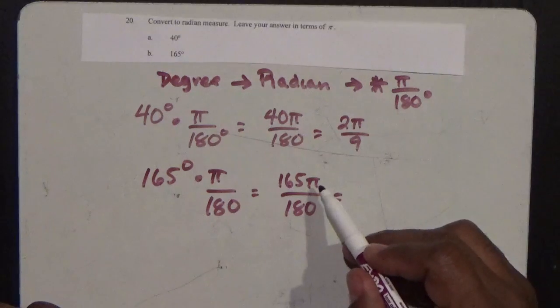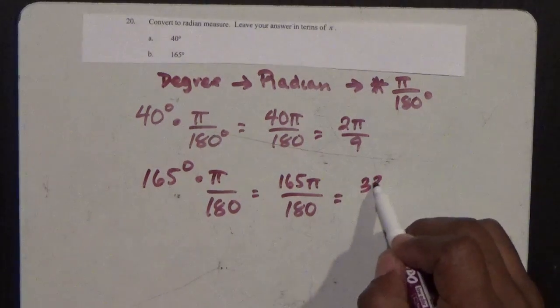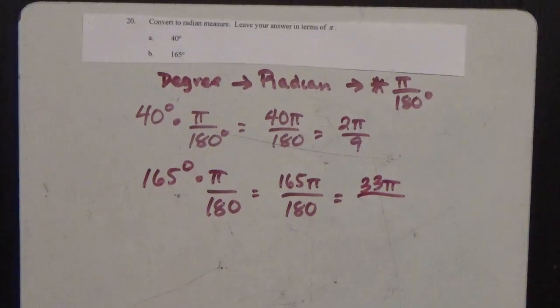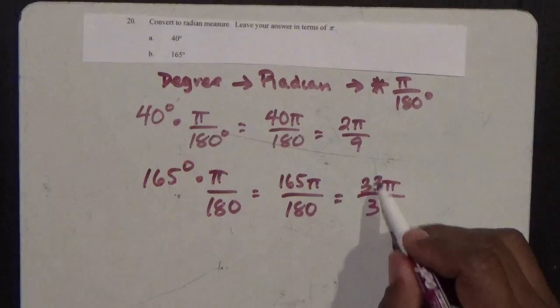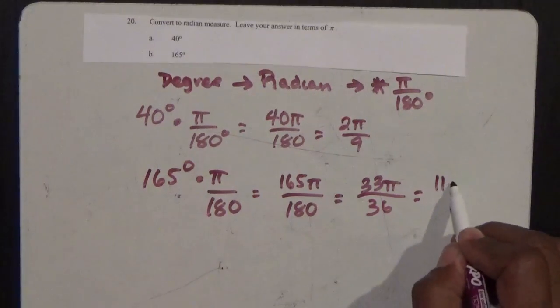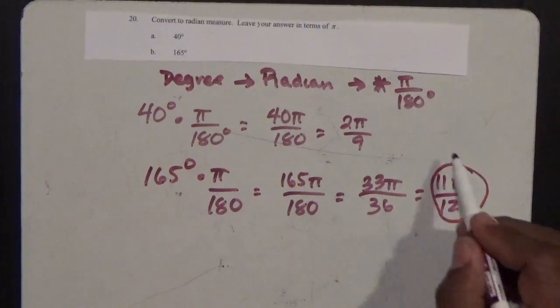You can go from there if you want. This gives me 33 pi over 36. And then I see both of them are divisible by 3, so that's 11 pi over 12. And that's your final answer.